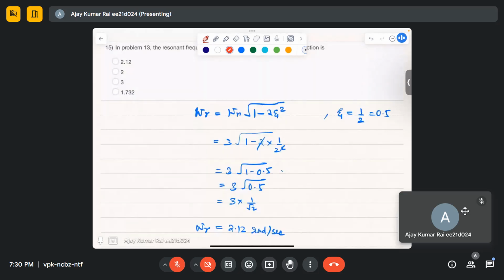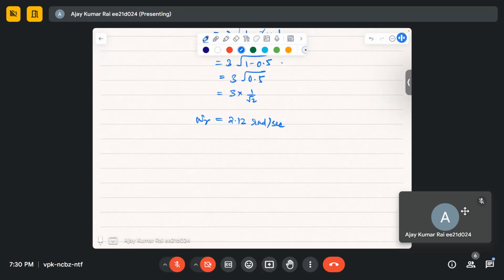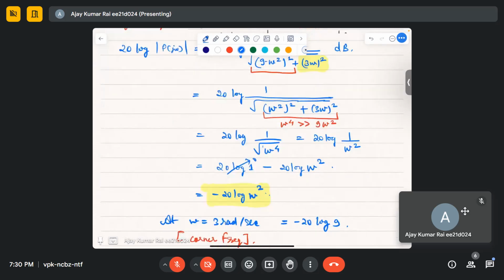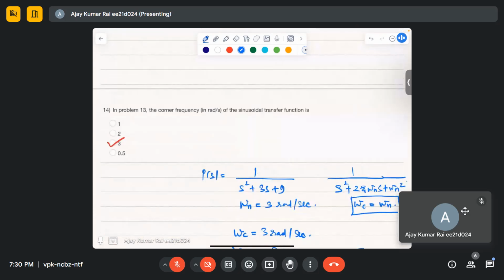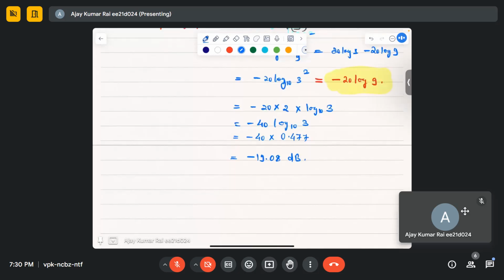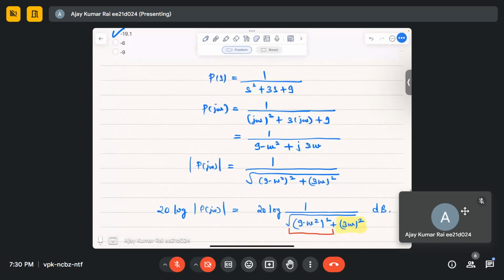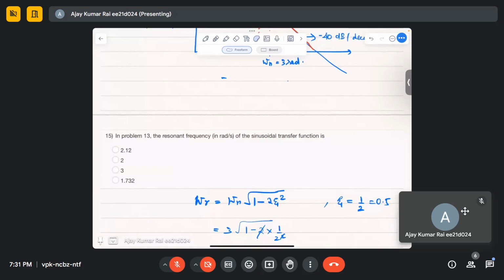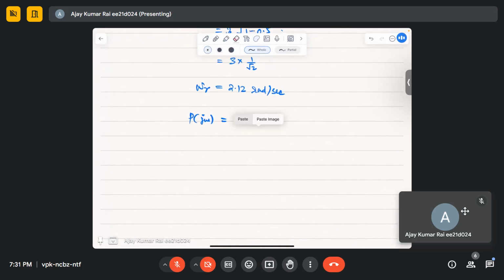What is the other way we used to calculate this? The long way is this. We have this P of j omega, let's find out. Let me copy the original magnitude, this one. I'm just explaining how we got to this.